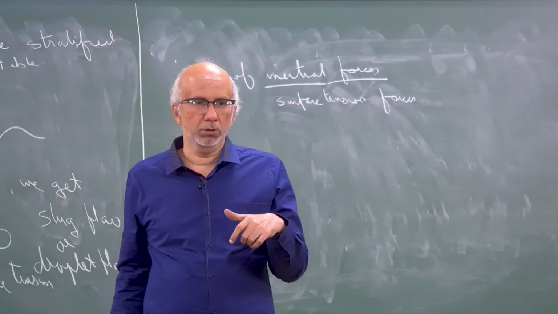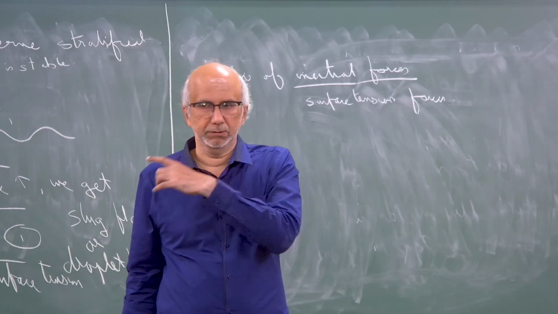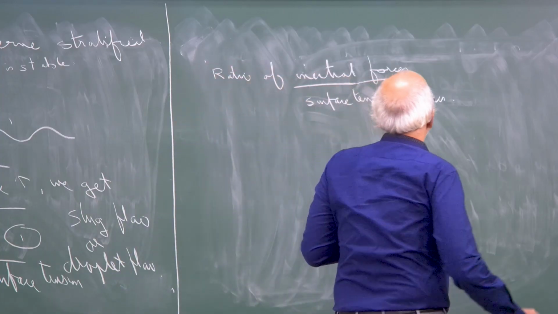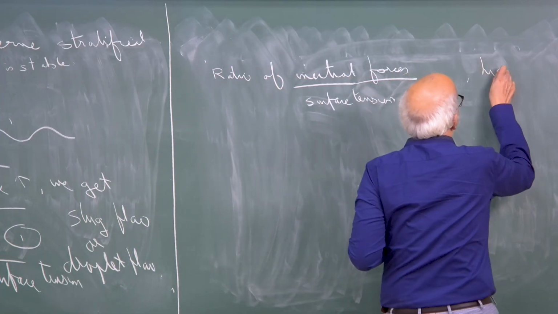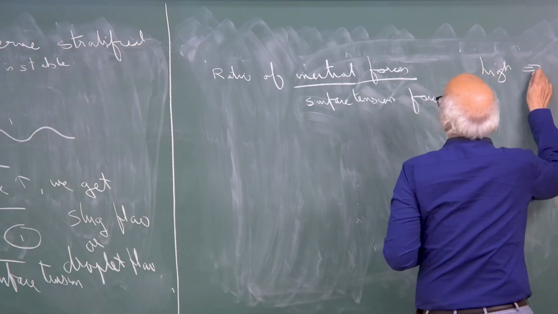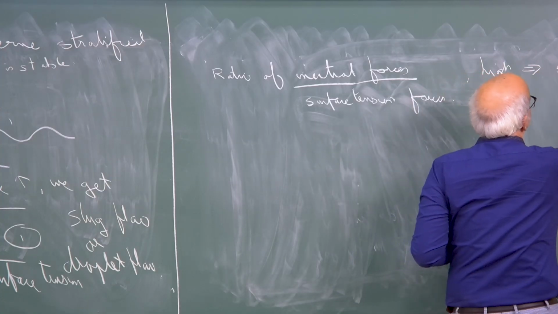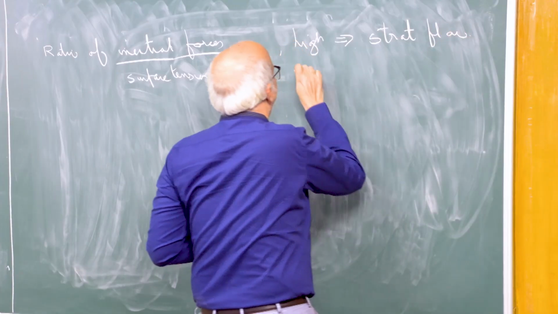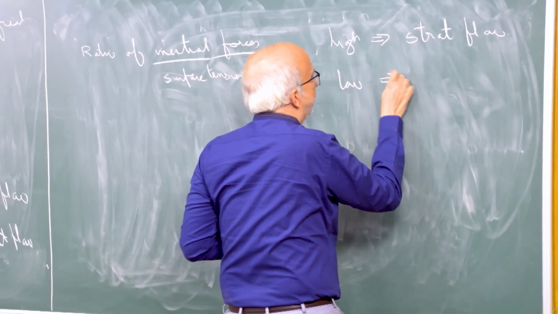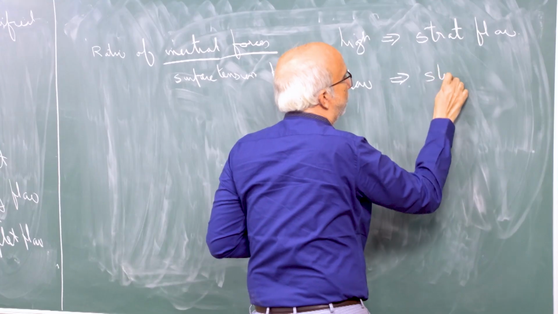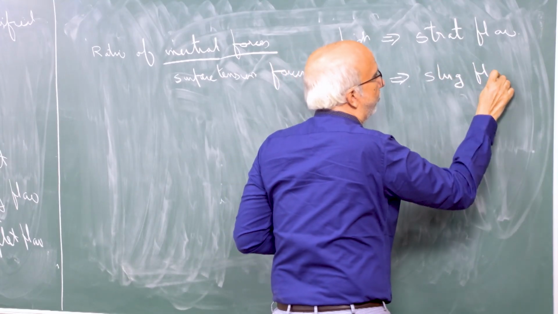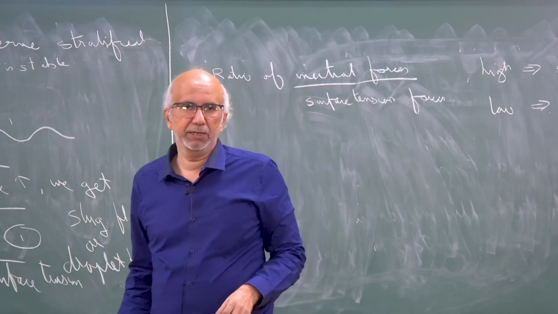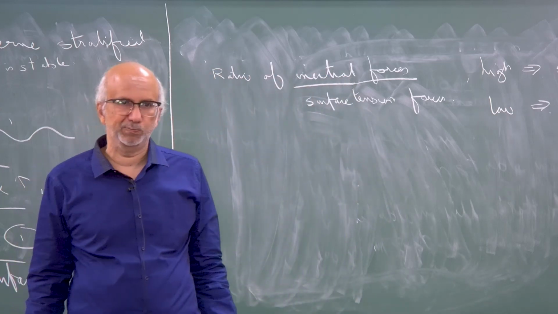If this is low, I will get this dispersed flow, slug flow, okay. High implies stratified flow, low implies slug flow. That means the interfacial forces are dominant, and then it will break the interface into small drops.